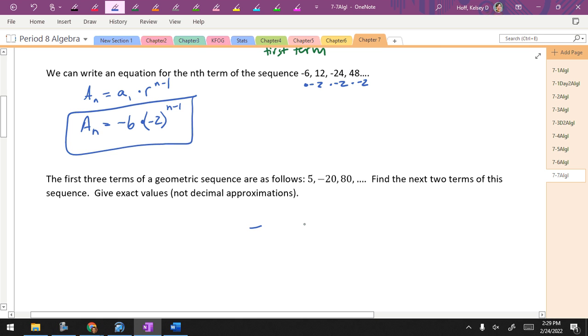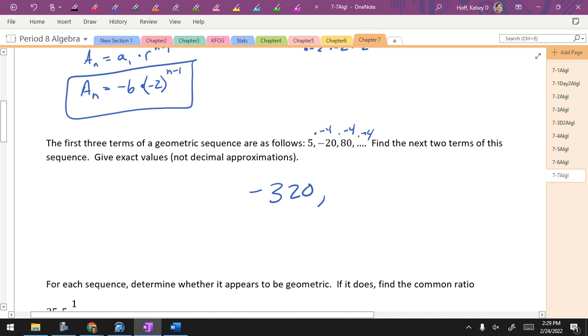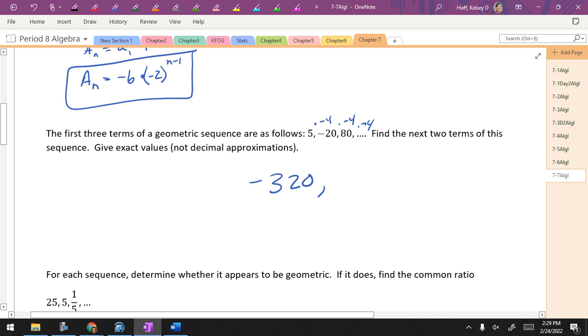Okay, you're multiplying times -4, right? So your number would be -320, then 1,280, I believe so. Why would it ever make this statement right here? Do not give decimal approximations.